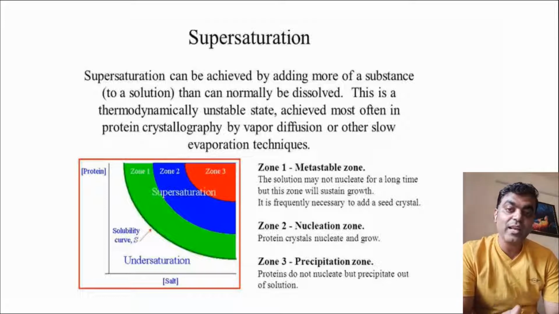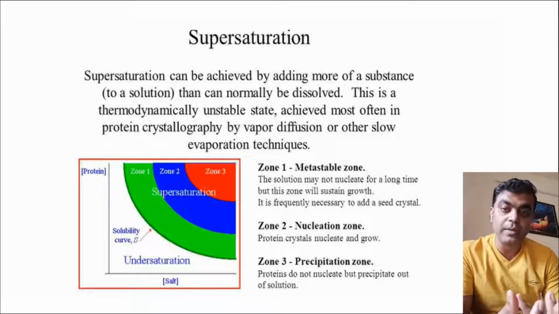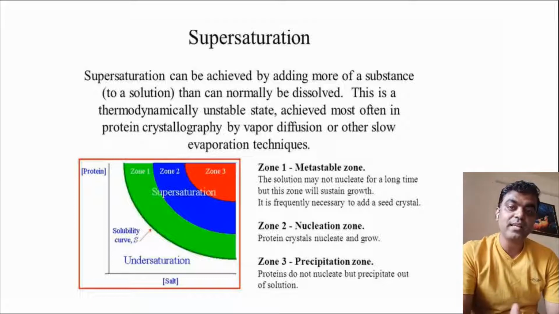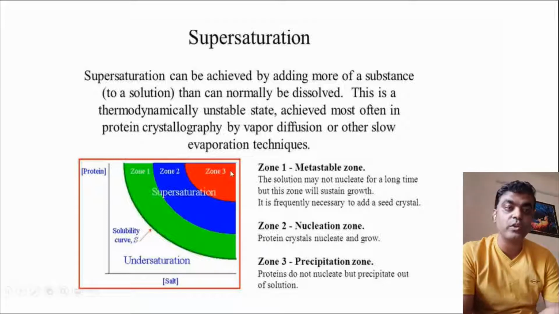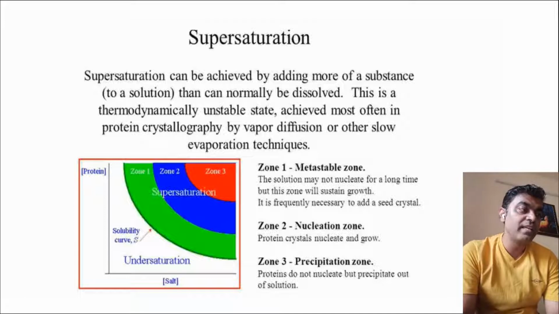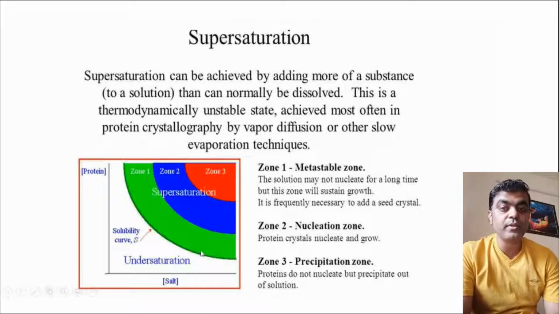When you have a droplet of the protein solution, and you slowly evaporate the solvent from that solution, there are 3 layers or zones which are usually observed. The first one is zone 1, which is in green, you can see here. Zone 1 is called the metastable zone.